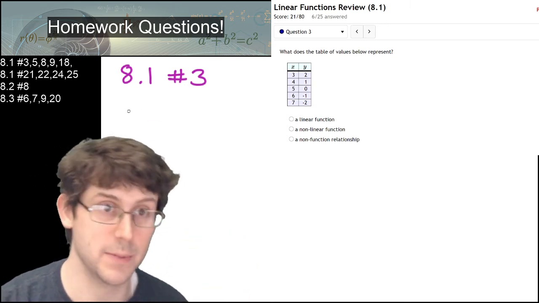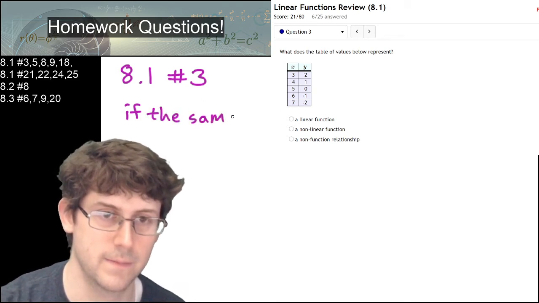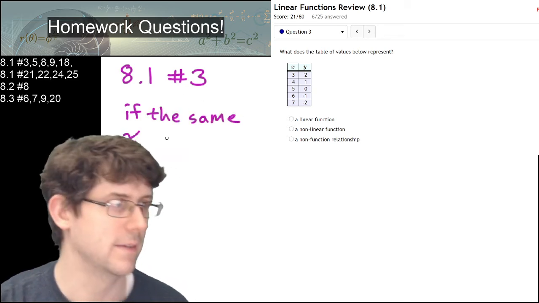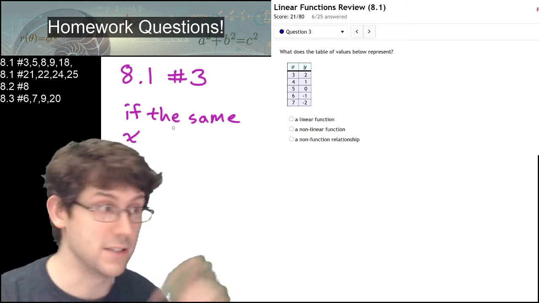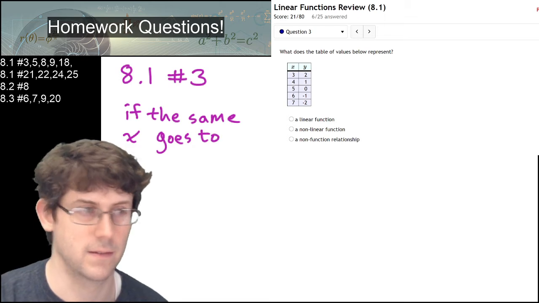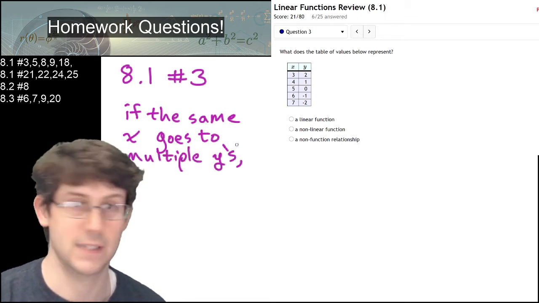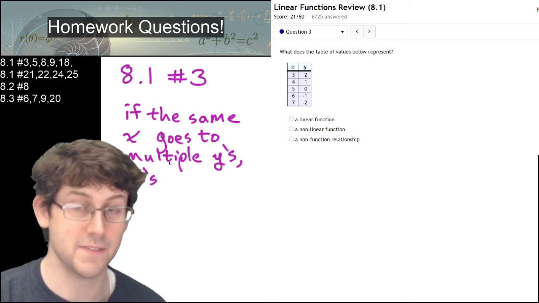If the same x appears twice and goes to two different y's, it's not a function. This is called the vertical line test.